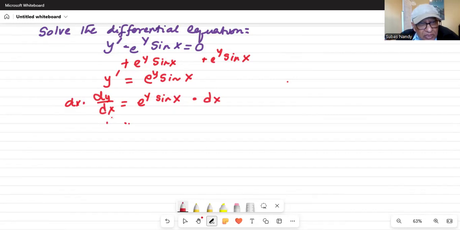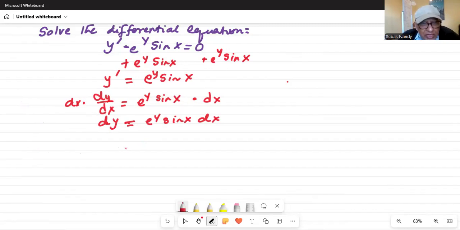When I do that, on the left hand side I am only left with dy, is equal to e to the power of y sin x dx, because the dx in the numerator and denominator cancel.